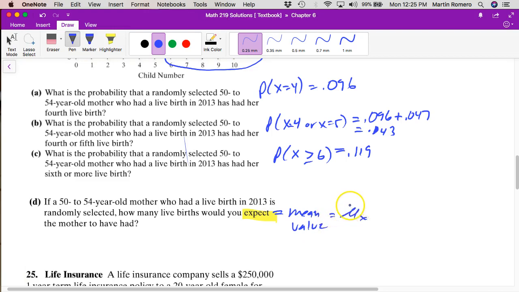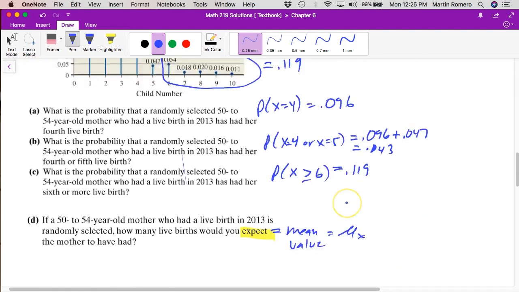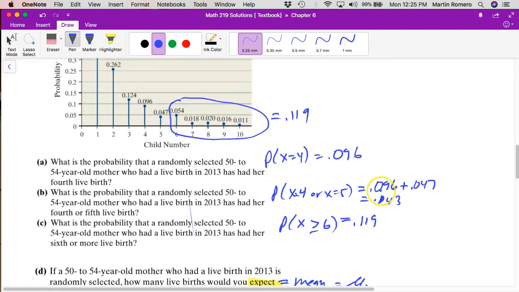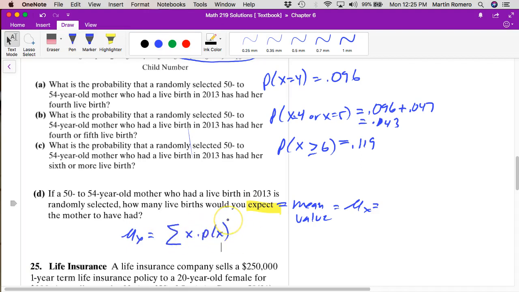And what's our formula for the mean? We didn't have to do it up above, but in this case, we can do the calculation. To find the mean, it's going to be the sum of x times p of x.